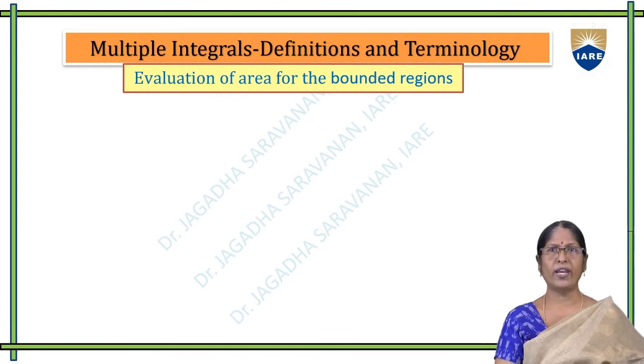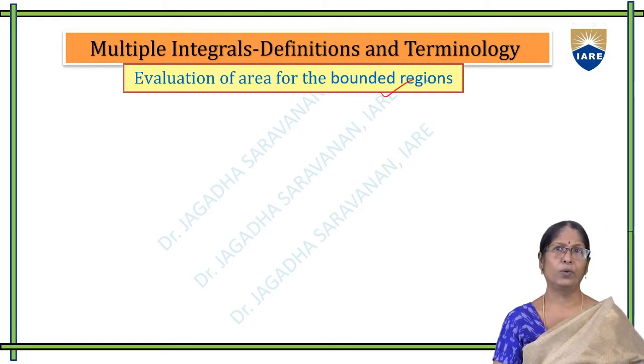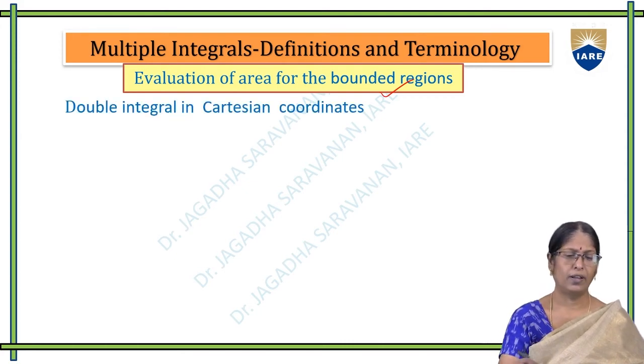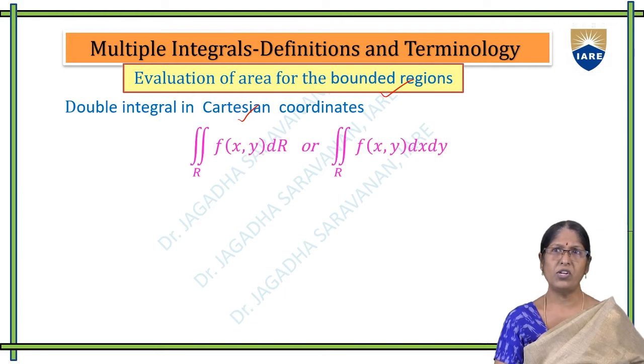Now we can see the evaluation of area for bounded regions. These multiple integrals are used to calculate the area of the surface. The region should be bounded. That is the double integral in the Cartesian coordinate system.